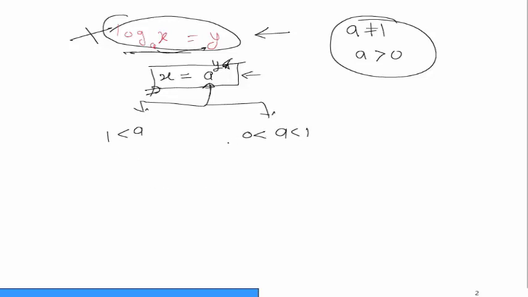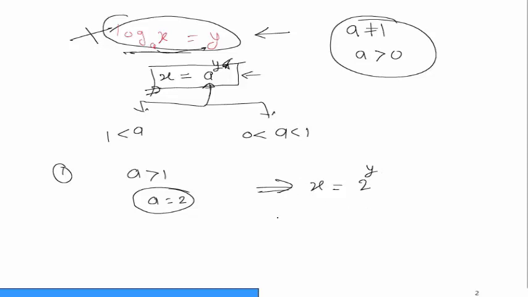So we have two possible cases for a. Suppose I take the first case, where a is greater than 1. Let's just take a is equal to 2. Then the function becomes x is equal to 2 raised to the power y. This is the function we have.